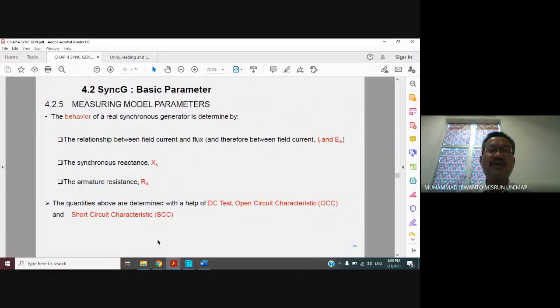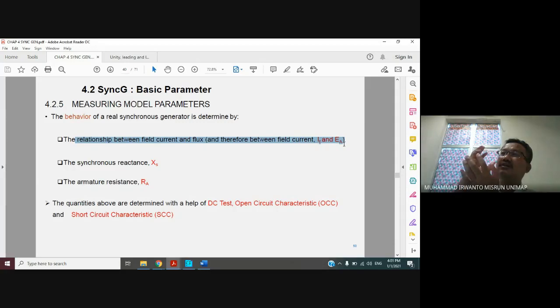Okay, so this one is measuring model parameters, related to lab 5 part 1. The behavior of a real synchronous generator is determined by the relationship between field current and flux, and therefore between current IF and EA, like what I discussed earlier.